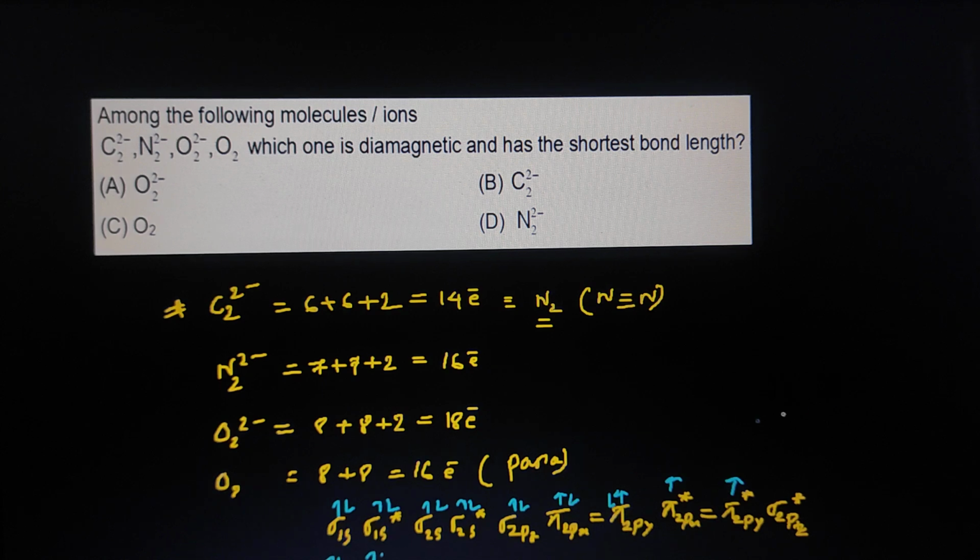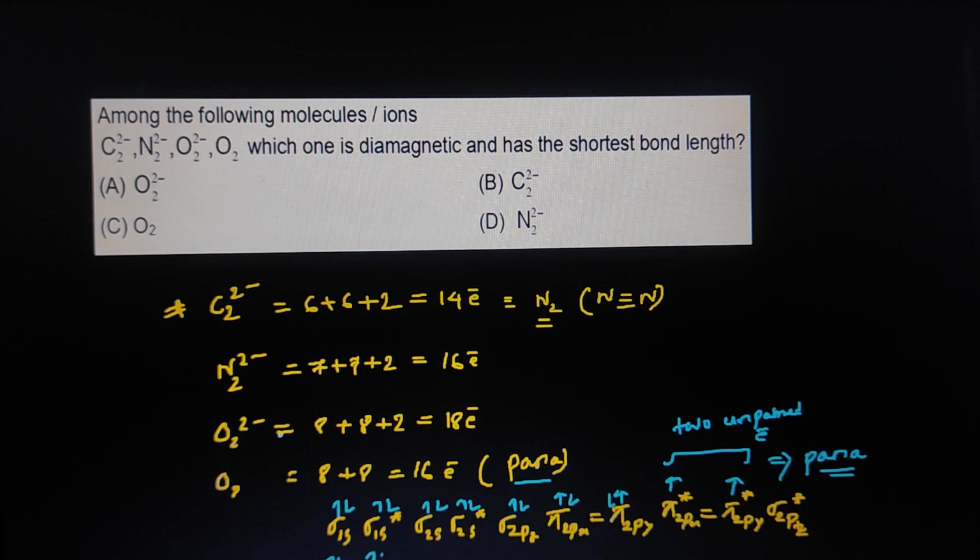In this case, we can see that 2 unpaired electrons are present, in pi 2px star and pi 2py star. So it is paramagnetic. That's why it is paramagnetic. Okay. So O2 is para.